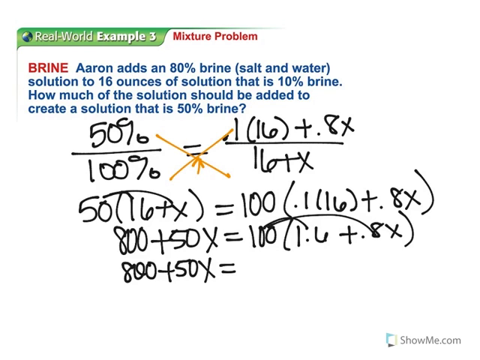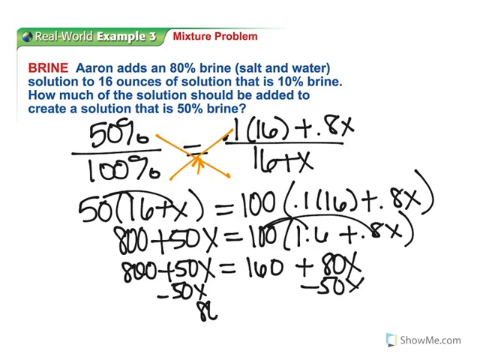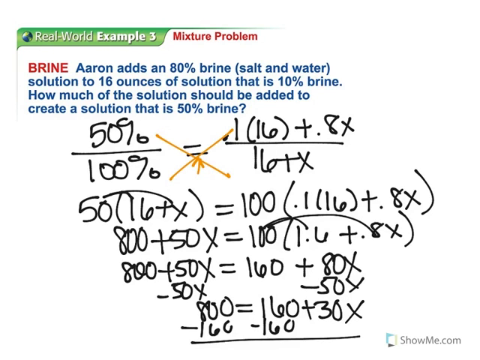Now let's distribute our 100 to get 160 plus 80x. Now we're going to get x's on one side and numbers on the other. So let's subtract 50x to get 800 is equal to 160 plus 30x. Subtract 160 from both sides.